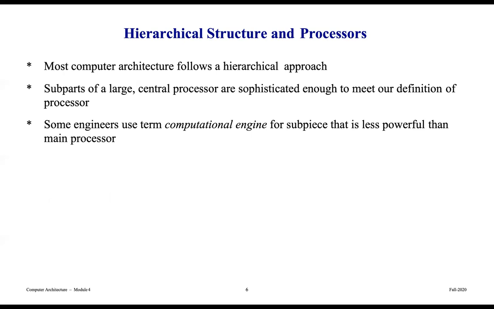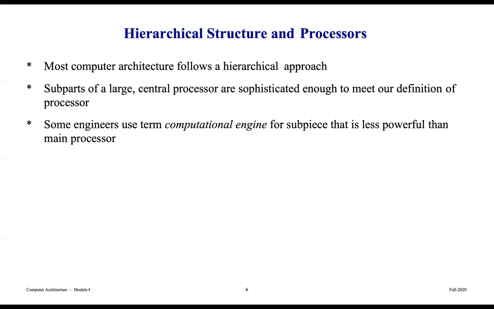There's a hierarchical structure, and when we're thinking about processors, most computer architectures follow a hierarchical approach. The subparts of a large central processor are sophisticated enough to meet our definition of a processor.